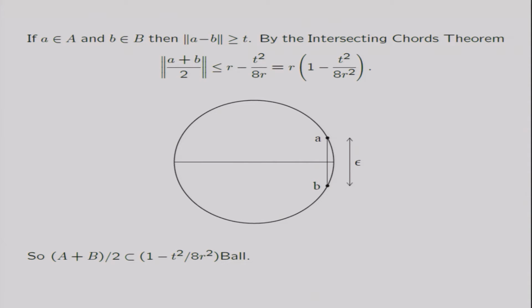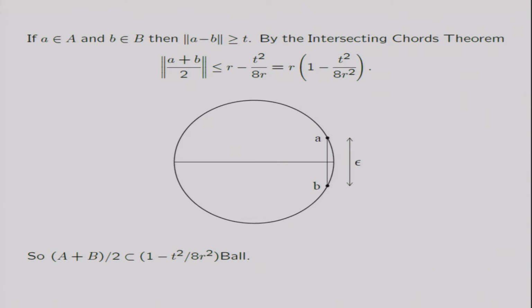It can't stay close to the boundary because of the curvature. Right? So if you know that they're distance t apart, and you know the radius of the ball, which is r, you get an estimate for the size of the average. It's r times something a bit less than 1, because you've pulled in the average from the boundary, because the points in question were separated.